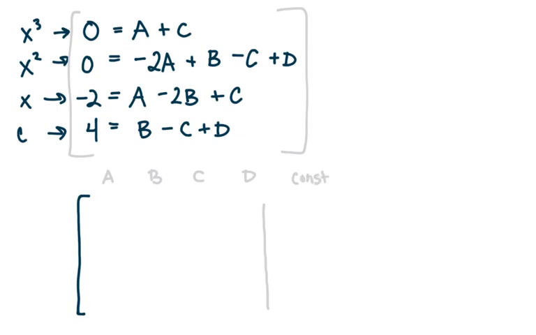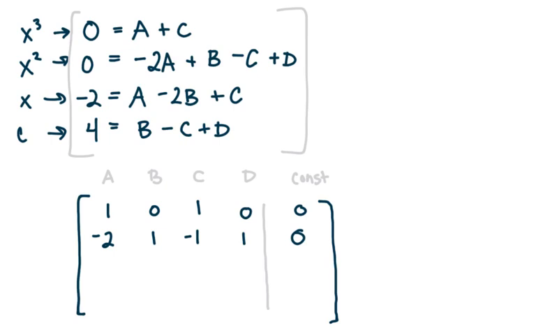Okay, so in the first row, I have 1A, 0B, 1C, and 0D equal to 0. My second row: negative 2A, 1B, negative 1C, and 1D equal to 0.